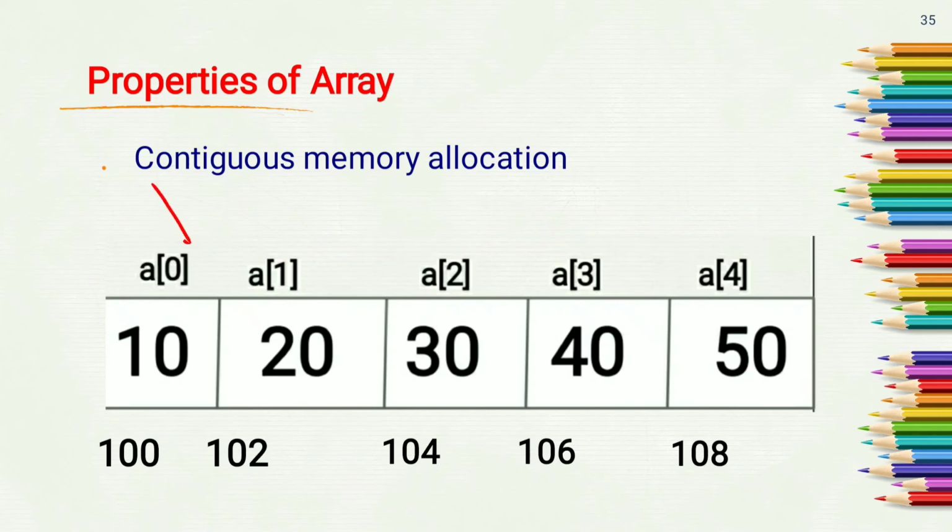In C and C++, the index of an array starts from 0. So the index of the last element will be size of array minus 1. As the size of this array is 5, the index of the last element will be 4. So in an array, there is contiguous memory allocation.